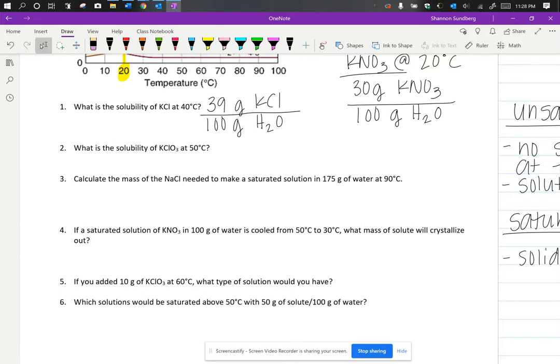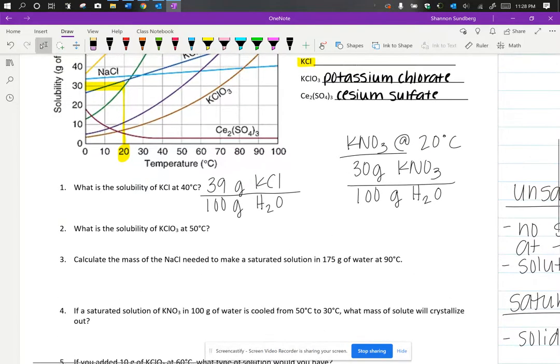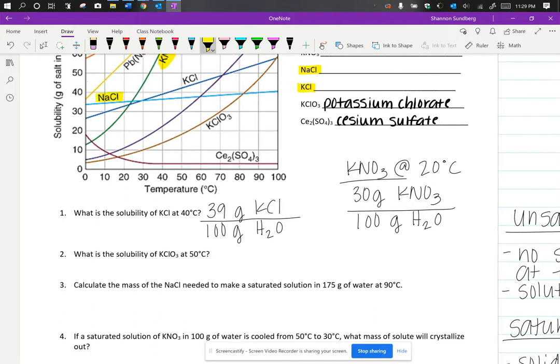Well, they asked us a lot of stuff here, but they did give us some information. They said we're looking at sodium chloride, NaCl, so this is the line we have to pay attention to. And they're asking us what's going on at 90 degrees Celsius. So we do know that at 90 degrees Celsius, you are going to have 40 grams of that solute.